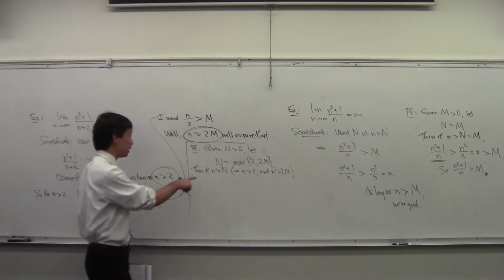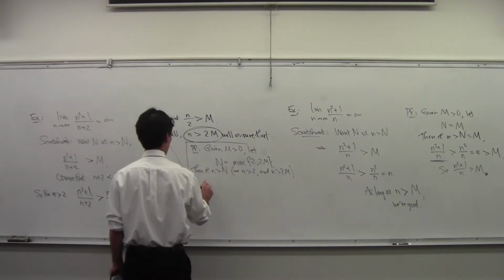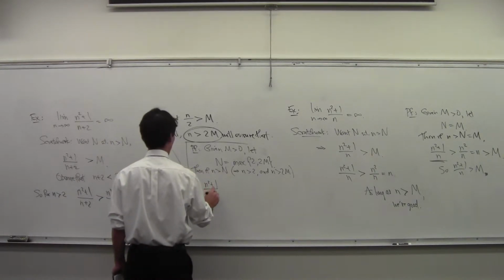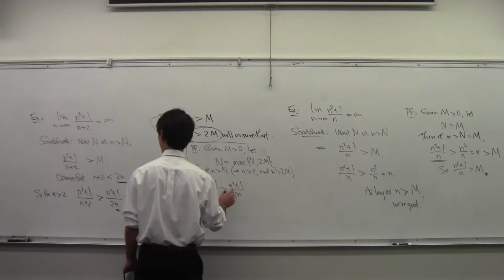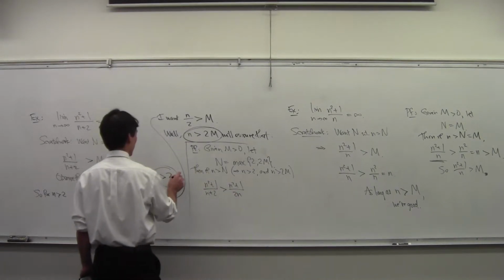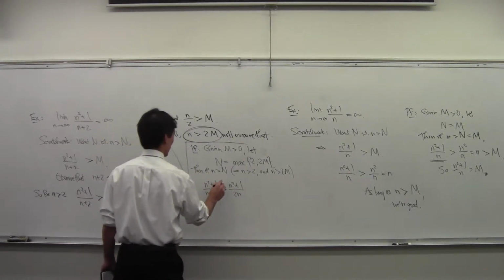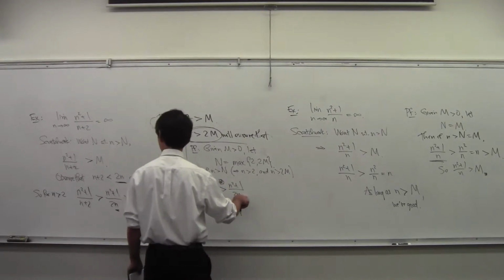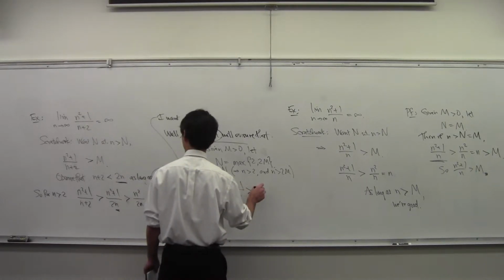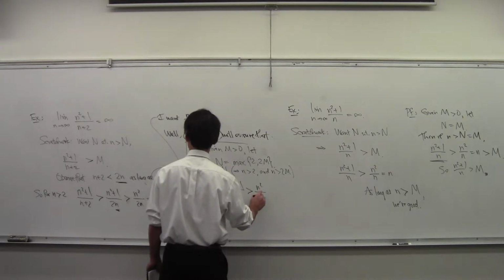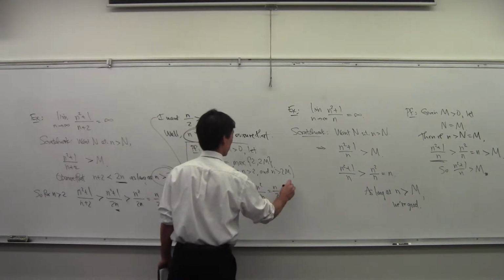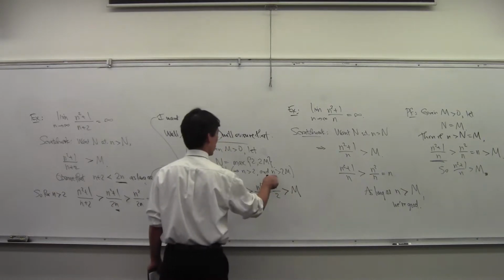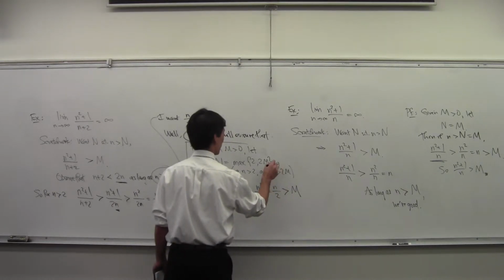If n is bigger than N, we see that (n squared plus 1) over (n plus 2) exceeds (n squared plus 1) over 2n by star, which exceeds n squared over 2n, which equals n over 2, which is bigger than m by dagger.